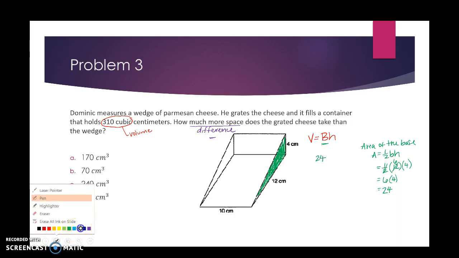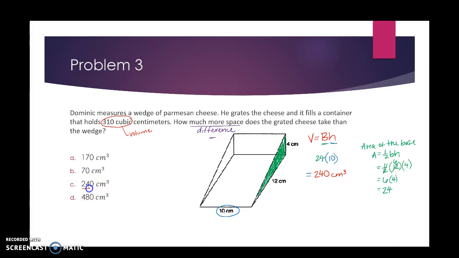And then we need the height of the prism. So think about if it was sitting on this base, how high would it stand off the table? So it's 10 centimeters. And I know that if I multiply something by 10, I'm just moving my decimal 1 point or adding a 0 in this case. So it's 240 centimeters cubed.